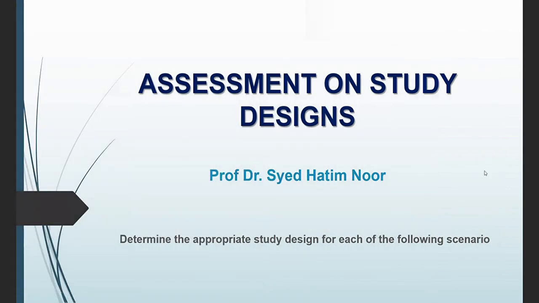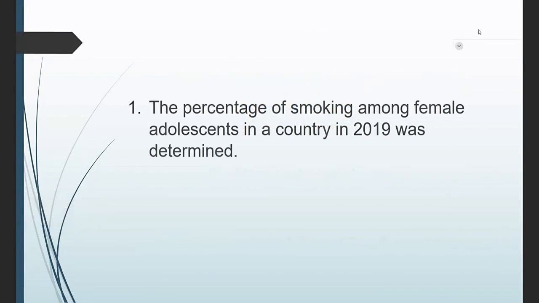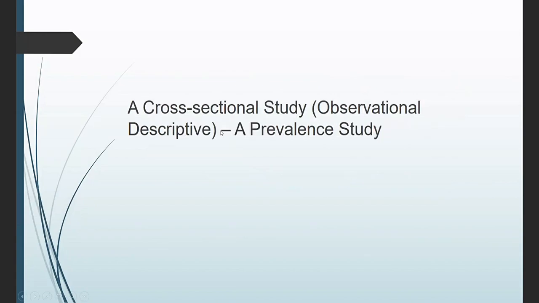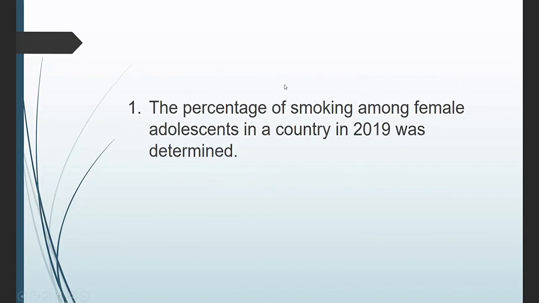So I think there are 15 questions on study design. Let us see the first one. This is the scenario. Can you tell me what type of study design? The percentage of smoking among female adolescents in the country in 2019 was determined.